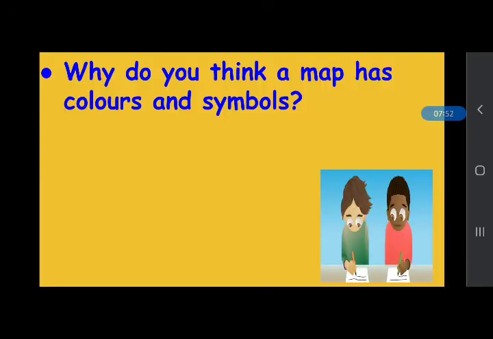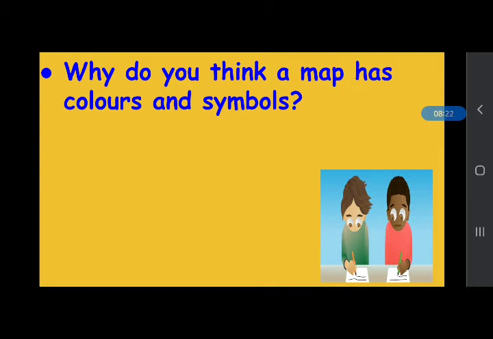Now answer, why do you think a map has colors and symbols? A map is a representation of many places on Earth. It will be impossible to find anything on the map if everything looked the same.